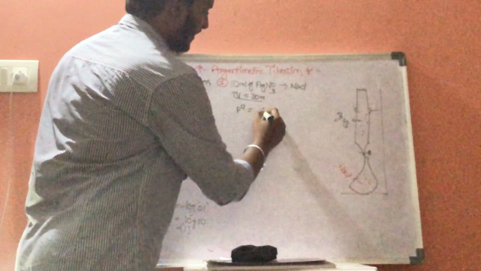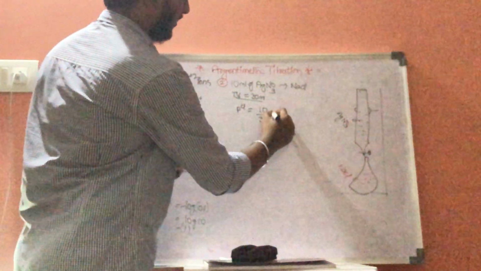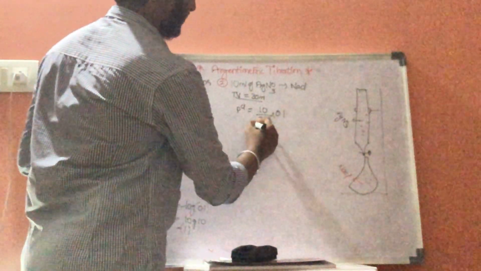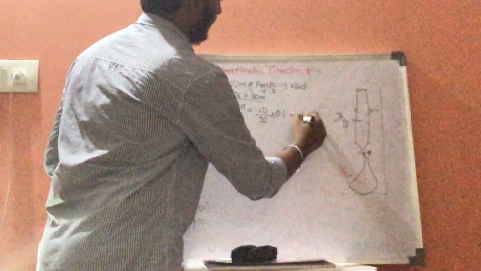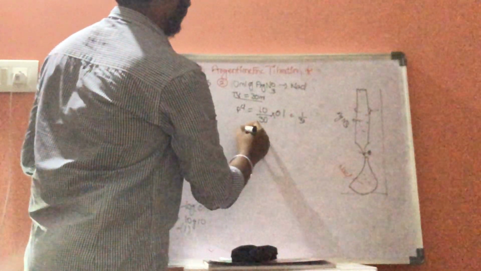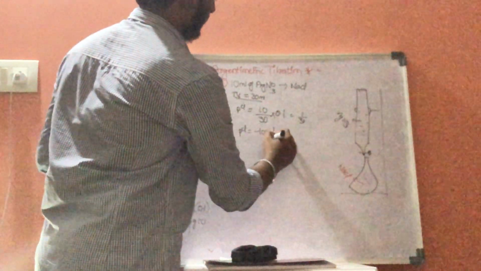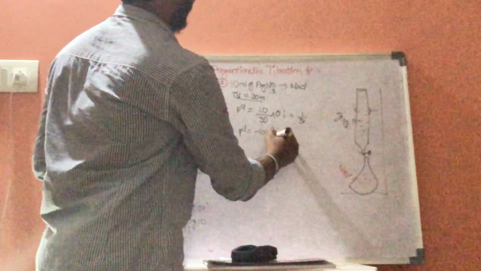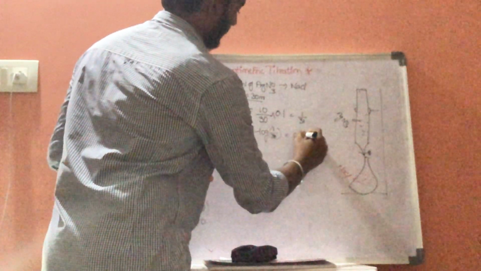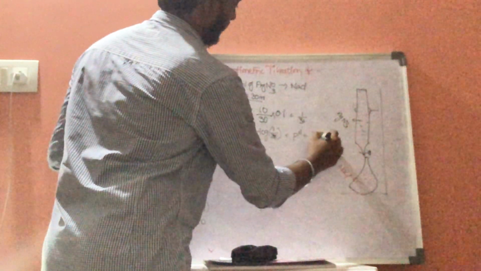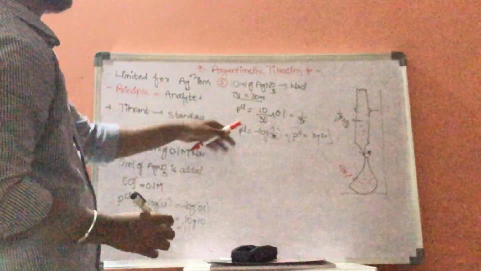That is 10 ml divided by the total volume, into 0.1 molar concentration. That is, pCl is equal to minus log 1/3 of 0.1. This is the second case.